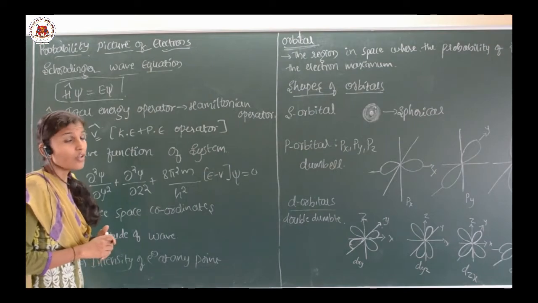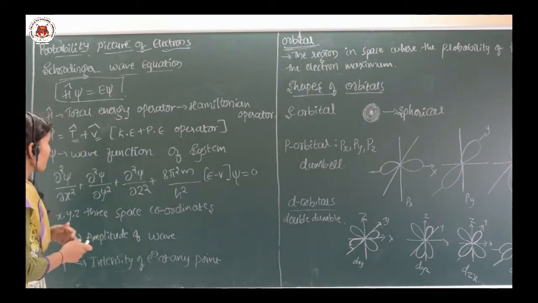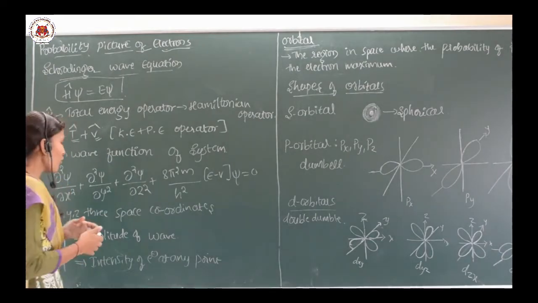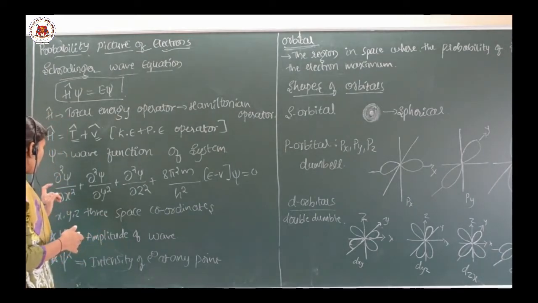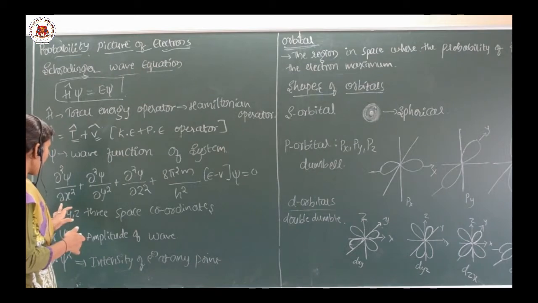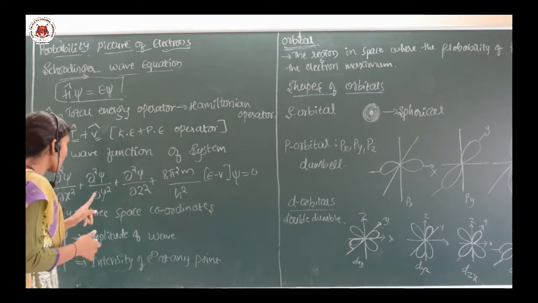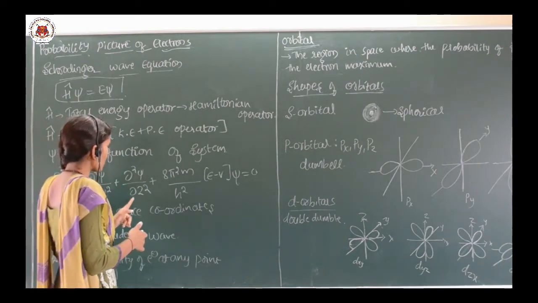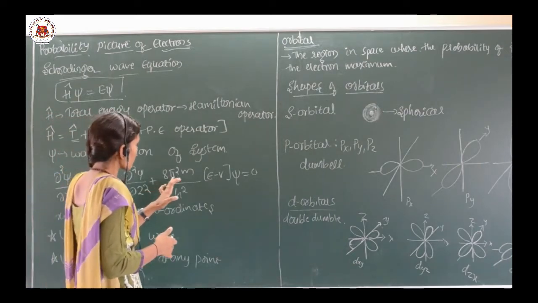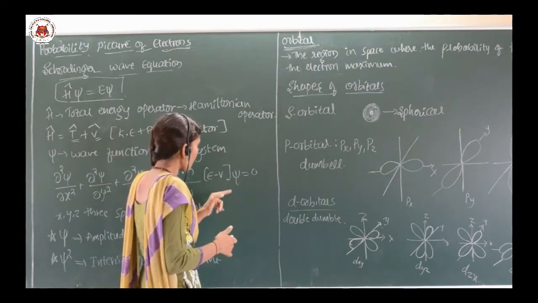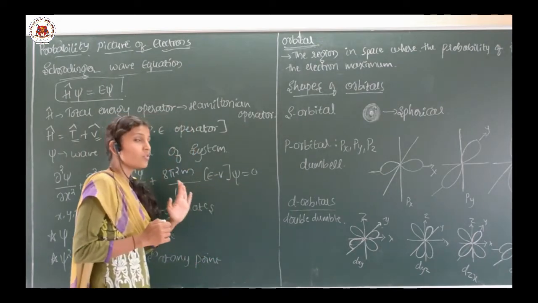This Schrodinger wave equation can also be written in another format: delta square psi divided by delta x square plus delta square psi divided by delta y square plus delta square psi divided by delta z square plus 8 pi square m divided by h square into (E minus V) into psi equals 0.